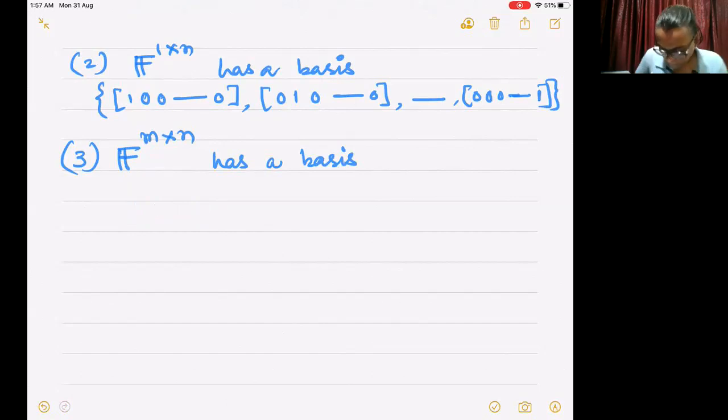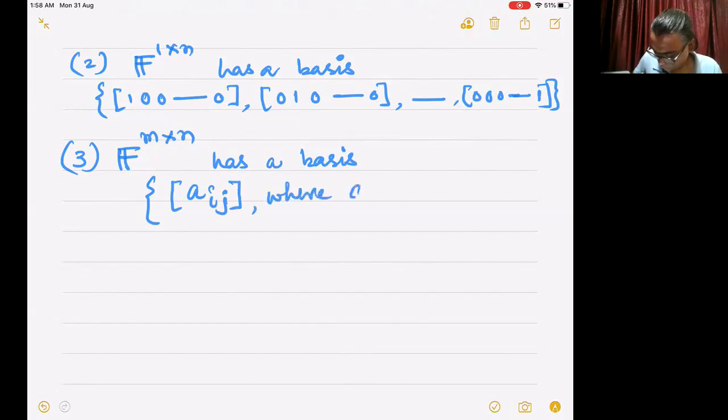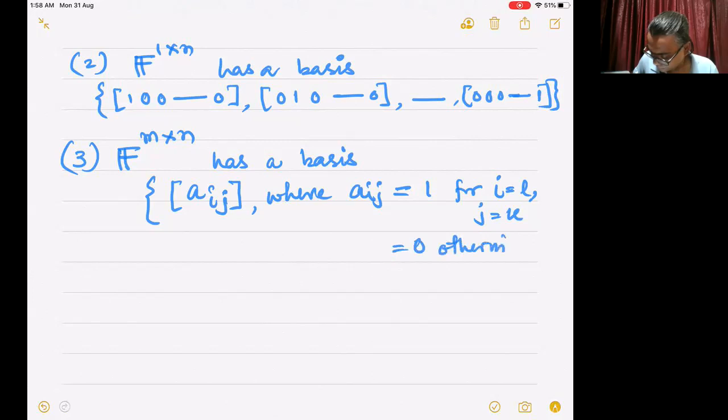So this collection is given by matrices Aij, where Aij is equal to 1 for i equal to l, j equal to k, and is equal to 0 otherwise, and this must go on for 1 ≤ l ≤ m and 1 ≤ k ≤ n. So this is the collection.